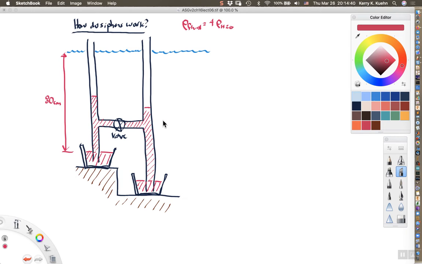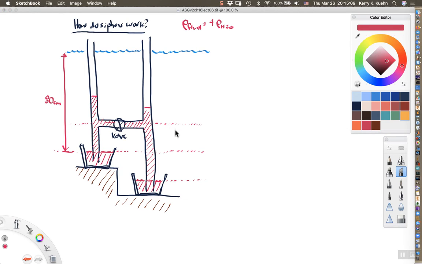And let's suppose we're also told, let's draw a line right here at the center of this horizontal tube. I'm going to extend this line to give these various heights. And this is the level of that fluid right there. So that's 80 centimeters from there to there.